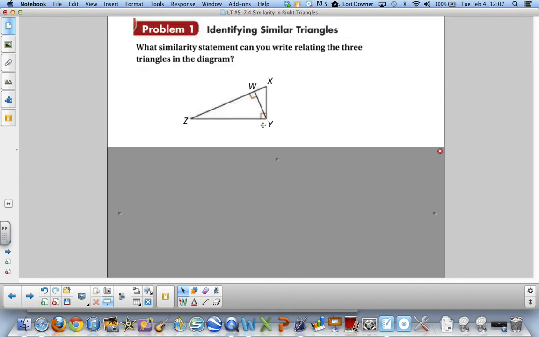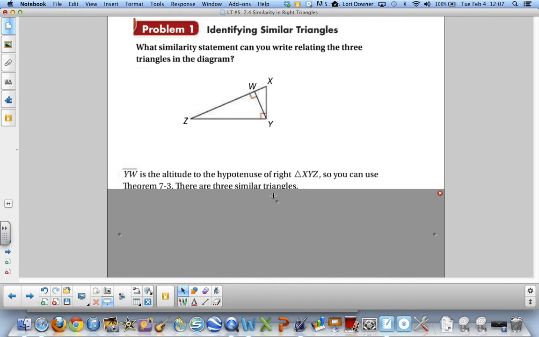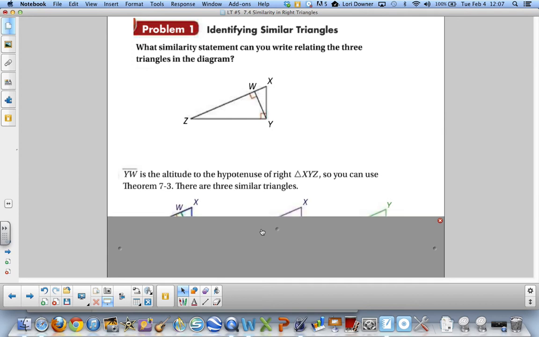Let's identify similar triangles. We see here we've got one large right triangle, we have a medium right triangle, and we have the small right triangle, sort of like the Goldilocks right triangles. So the first thing, looking at this altitude YW, it forms 2 other triangles and we get 3 total.